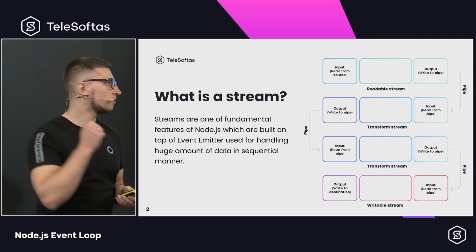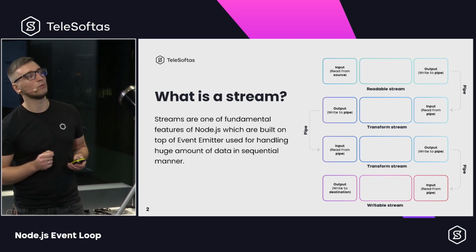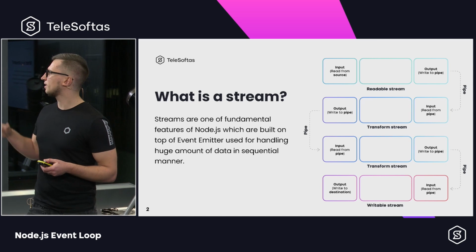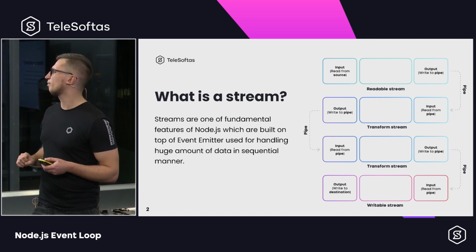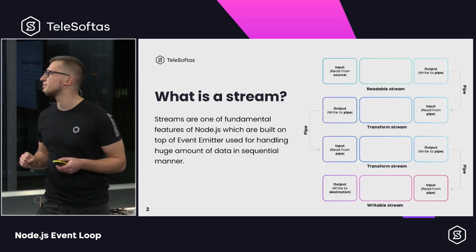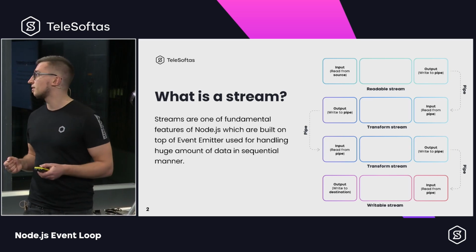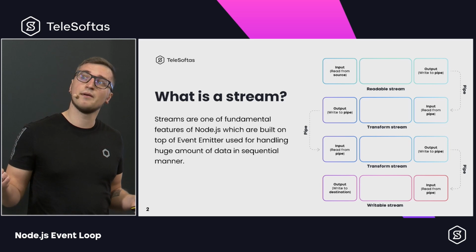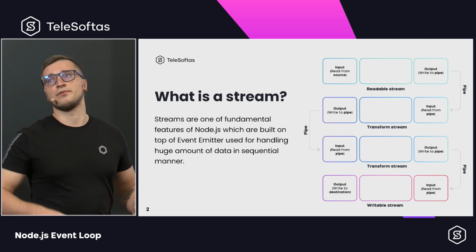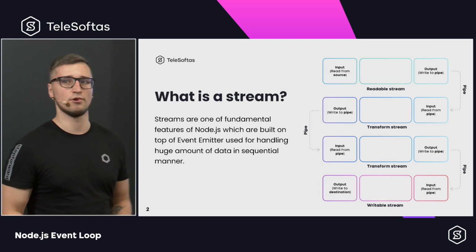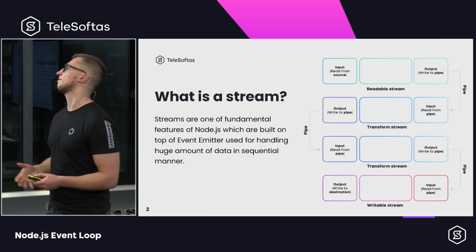We could look into an example which you can see on the right. I have made a diagram in which you can see three different types of streams. At the top of the diagram, there is a readable stream, which by itself says that it reads input. Later on, that data, chunk by chunk, is moved into some sort of fancy transformations, which we are doing in our business logic.